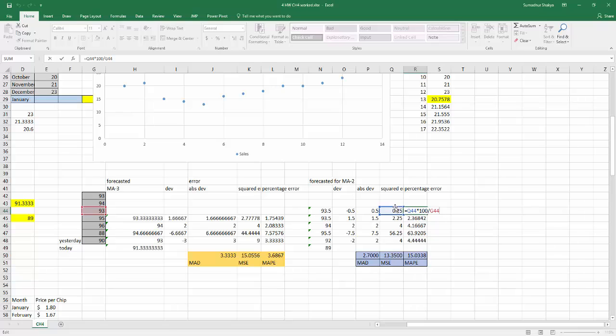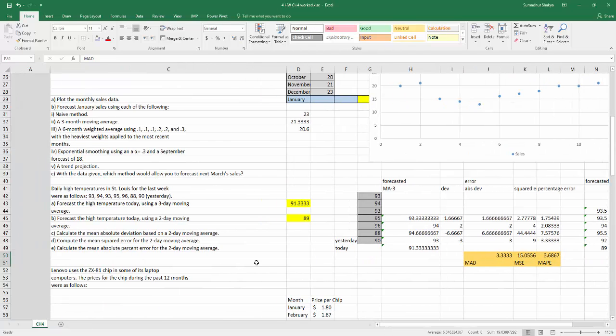Okay, that's where this is not correct. Error is this one in the column. Chose the wrong column, sorry, my bad. So again, where were we? Mean squared error, this 2-day is better. Mean absolute percentage error, again 2-day moving average is a better forecast methodology than the 3-day moving average. So this is where MAD, MSE and MAPE come in handy.